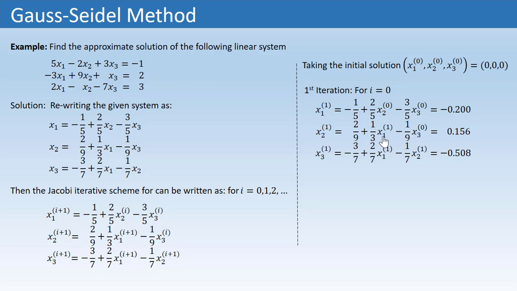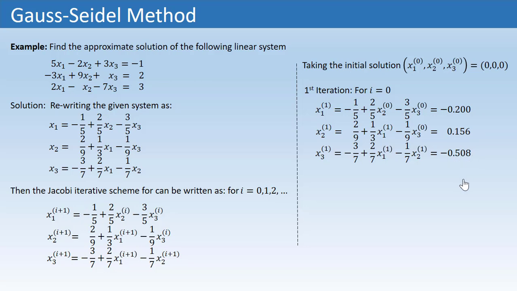We substitute this value here, and the result of x2 becomes 0.156. To calculate the first approximate value of x3 we need the first approximate values of x1 and x2 which we just obtained. We'll substitute minus 0.2 and 0.156 in this place and in this place. So the first approximate solution of x3 is equal to minus 0.508.